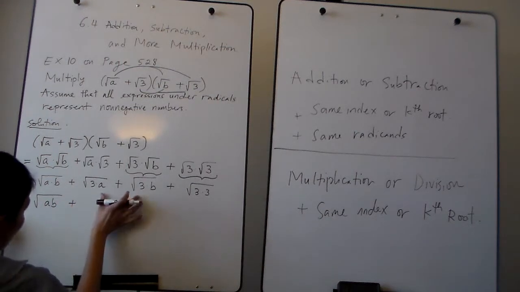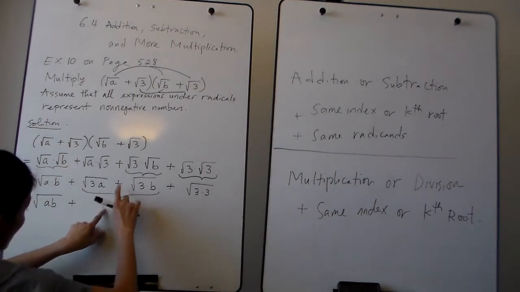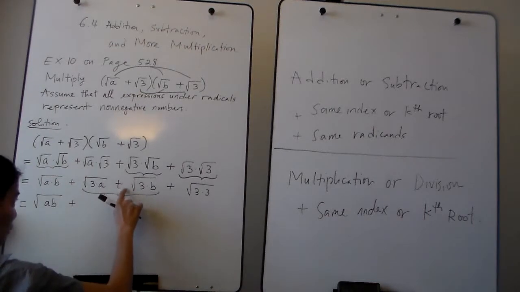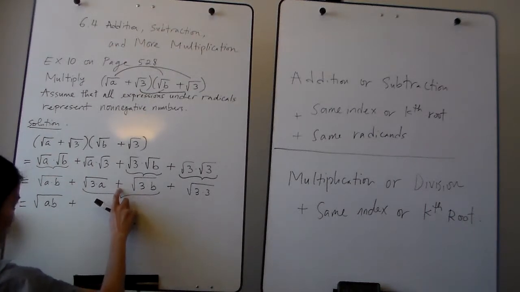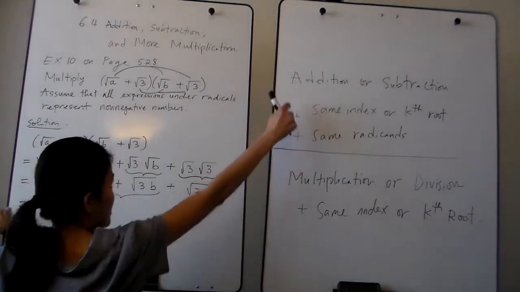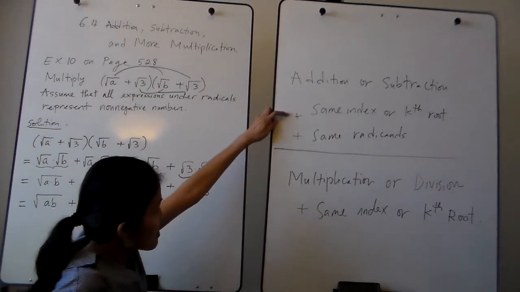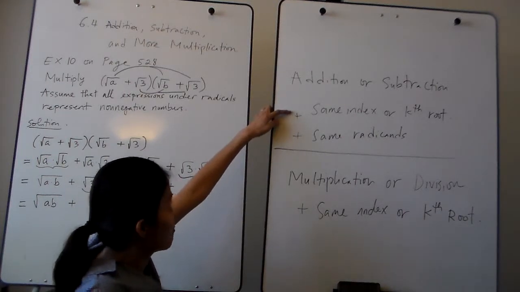now you notice these two terms, can you combine them? Even though we don't multiply them anymore, this time we add them. So when you add two radical terms, you check two conditions for addition or subtraction. First, if both have the same index, the root.